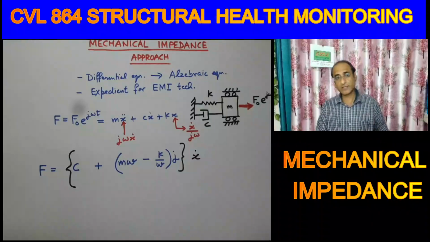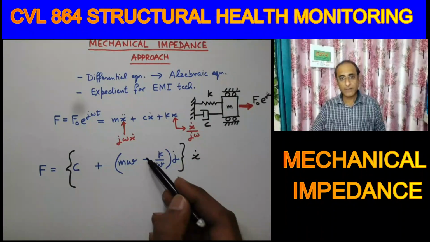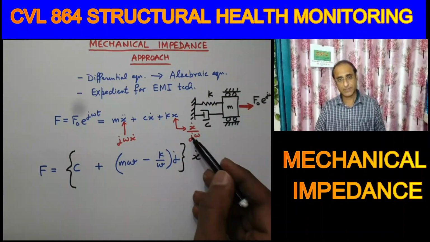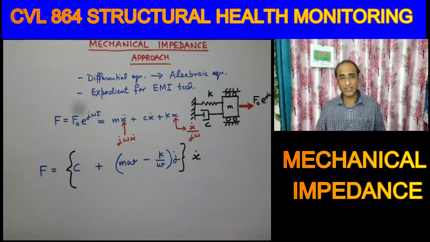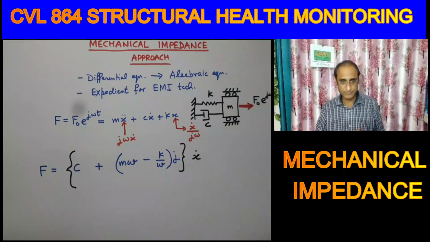Can I write it like this? Why has the minus sign come here? Because I have taken j from the denominator to the numerator. Just multiply and divide by j. So in the denominator, j squared will be minus 1. Alright?